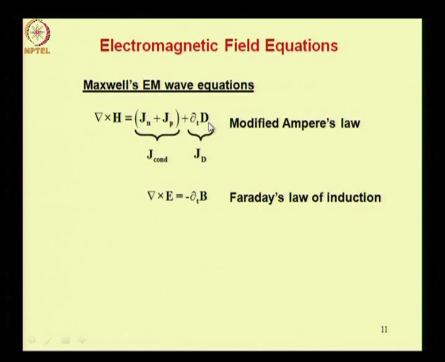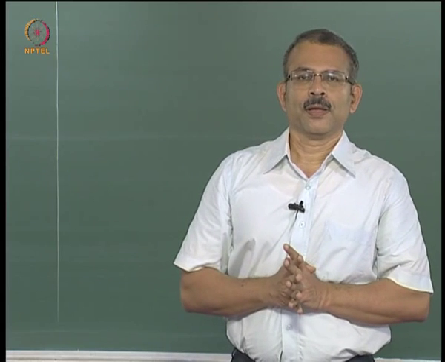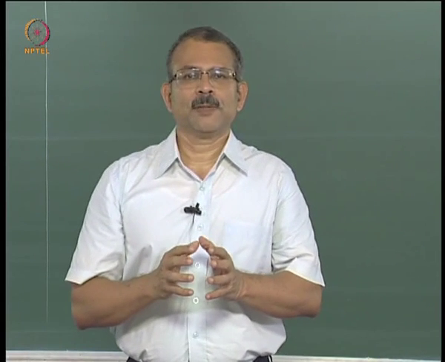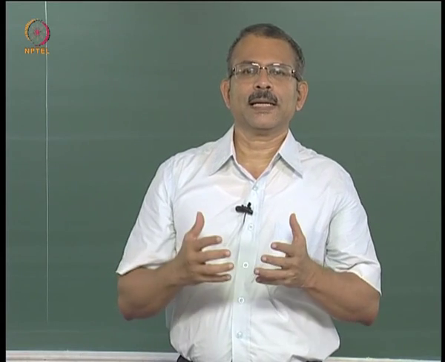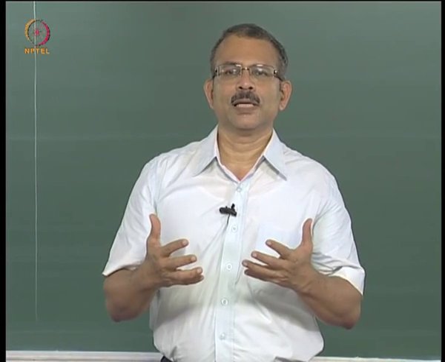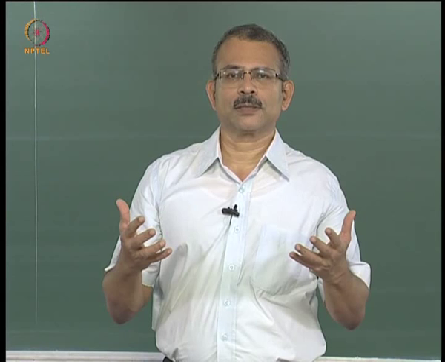So the two current densities here are conduction current density and displacement current density. Now the word modified here actually refers to the inclusion of the displacement current density. Now this is the great contribution of Maxwell. So without this displacement current density you cannot predict the existence of electromagnetic waves in vacuum or free space.